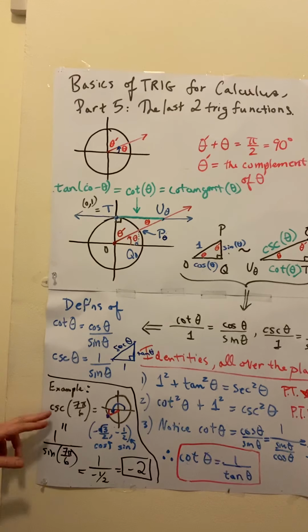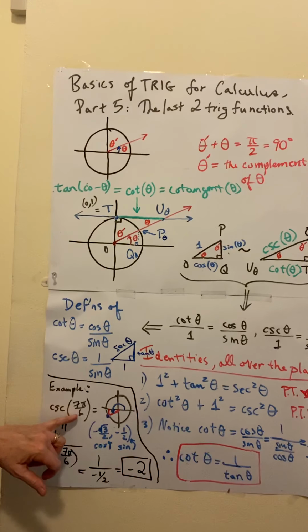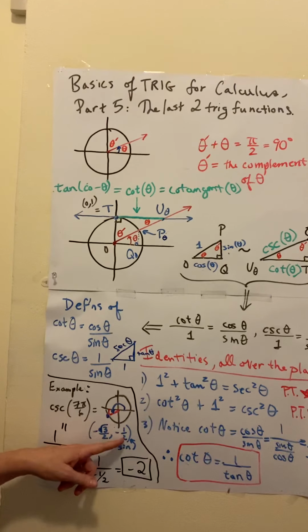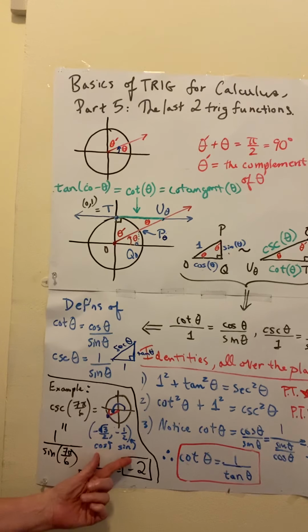So notice that to find one of the 6 trig functions of some not immediately obvious but special angle, we don't pull out a chart where we've memorized a bunch of things. We simply draw the angle in standard position, find its x and y coordinates, therefore know its cosine and sine.